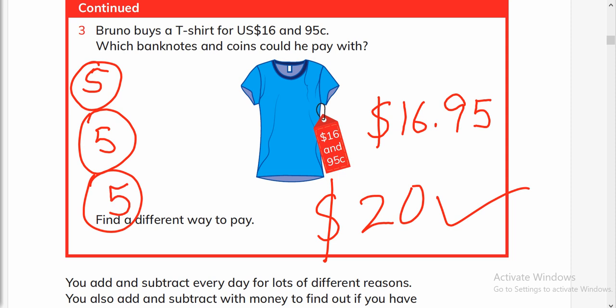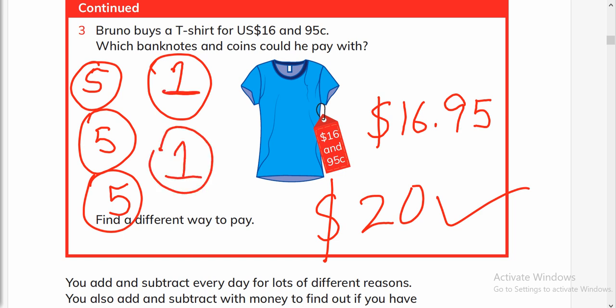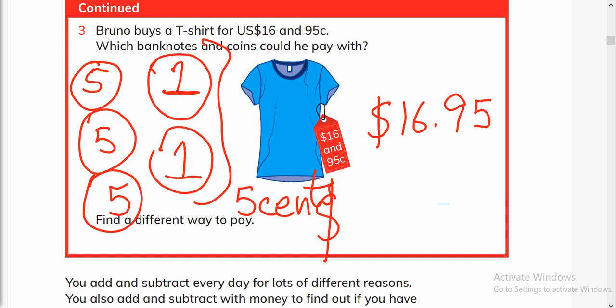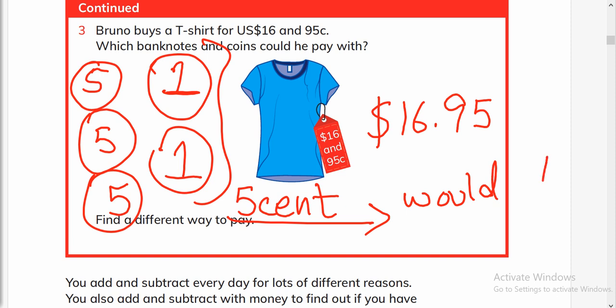It will make 15, and then $1, 16, and then again give them $1. It will become 17, but in this case they will return you 5 cents.